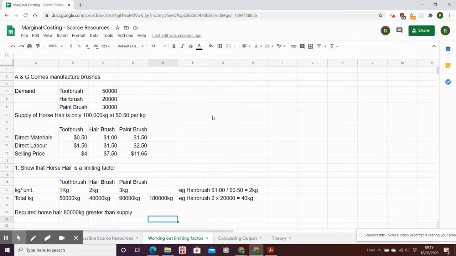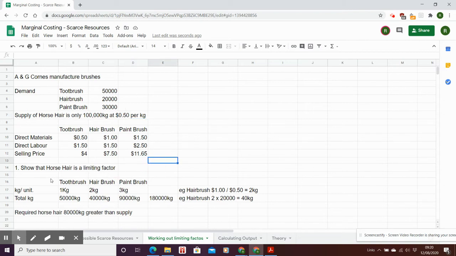They've got three types of brushes, and the supply of horsehair at the moment is only 100,000 kilograms, which they don't believe is sufficient for all of the business output. And we've got some data here, and the key bits at the moment are the direct materials for a toothbrush are 50 cents, for a hairbrush it's $1, and for a paintbrush it's $1.50, and the supply of horsehair is at 50 cents per kilogram.